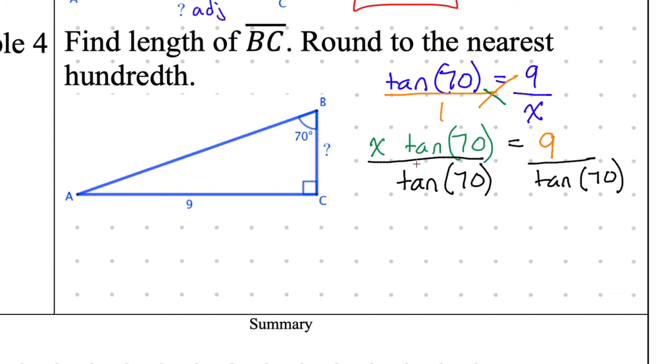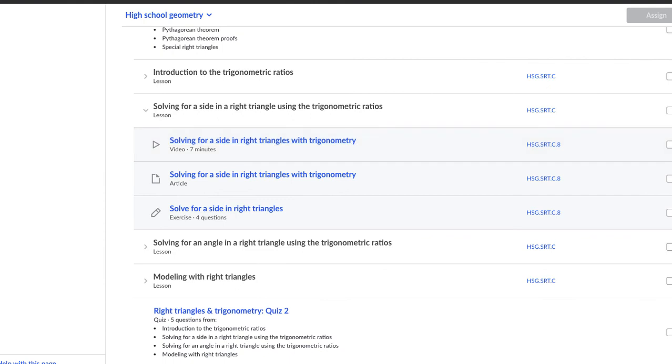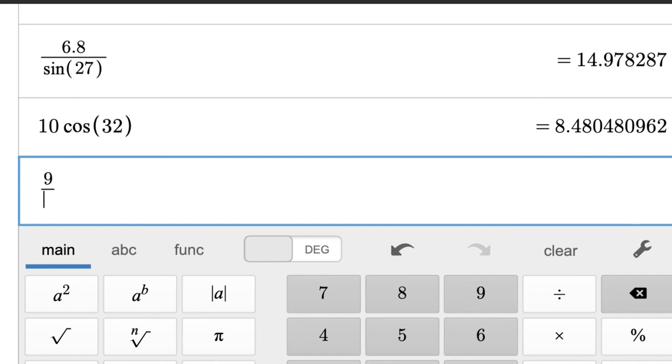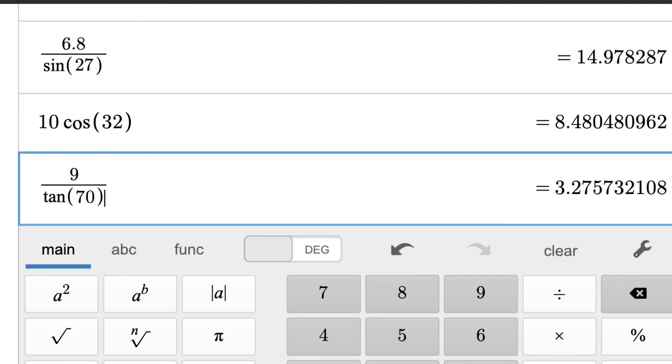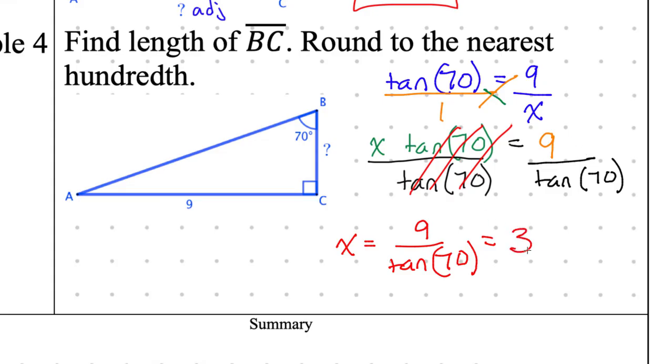And then our tangent of 70, those are gone, and I'm left with x. X is equal to 9 divided by tangent of 70, and I come to my calculator. It was 9 divided by tangent of 70, and I got 3.2, and then I'm going to round here to 8 because that's 5 or greater. 3.28, and box it.